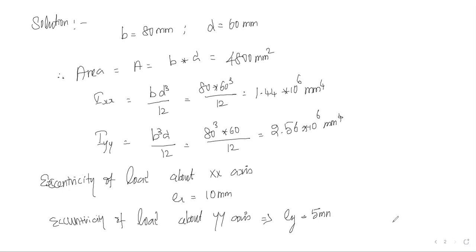Okay. Now the moment with respect to x, Mx is equal to P into Ex. So P value they have given, 40 kilonewton, into Ex value 10. So 400 into 10 cube Newton mm.